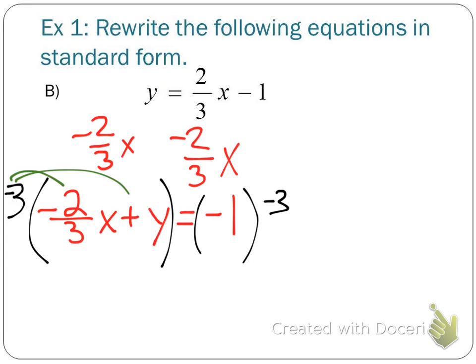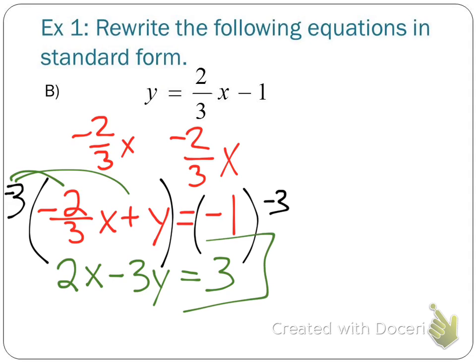Yep, the 3's are going to go away, the negatives are going to go away. If you actually do the multiplying, you'll have +6 over 3, which is 2x. And then what's -3 times +y? -3y, good. And on the right side, +3, good. Questions?